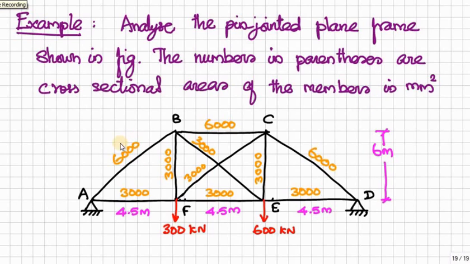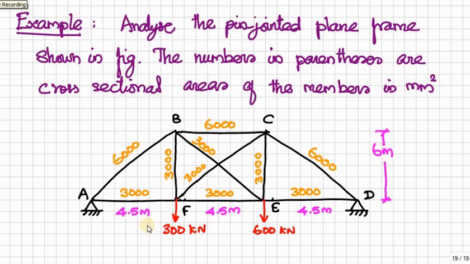This is the cross-sectional area, 6,000 mm square for the AB member, and for the BC member again 6,000 mm square. Similarly, for BF this is 3,000 mm square. The sandal color is indicating the area of the particular members.